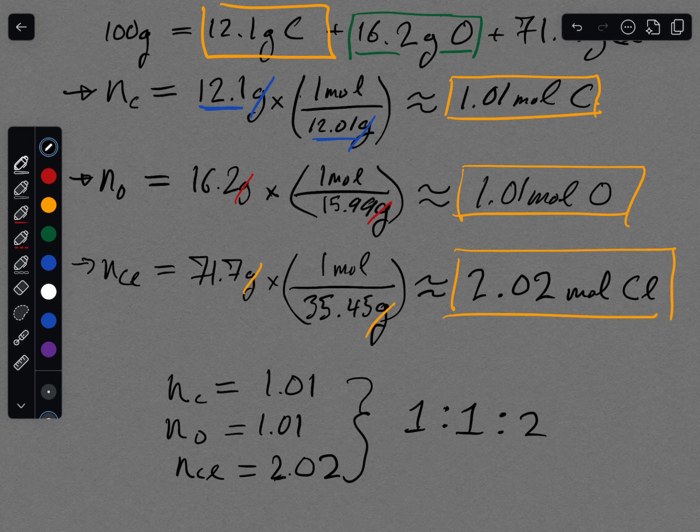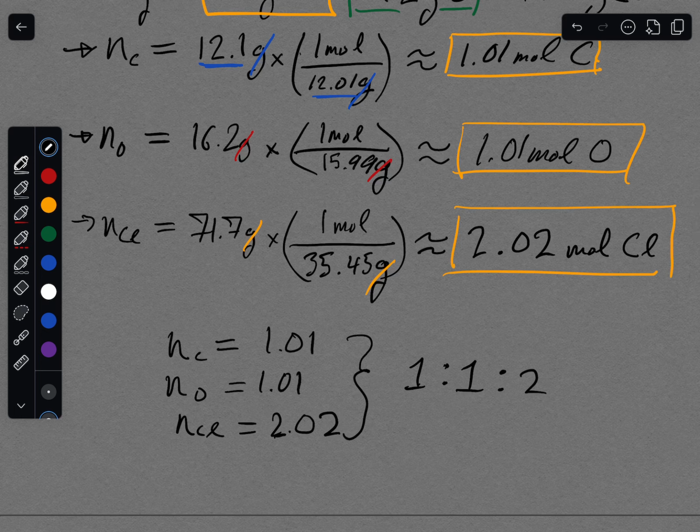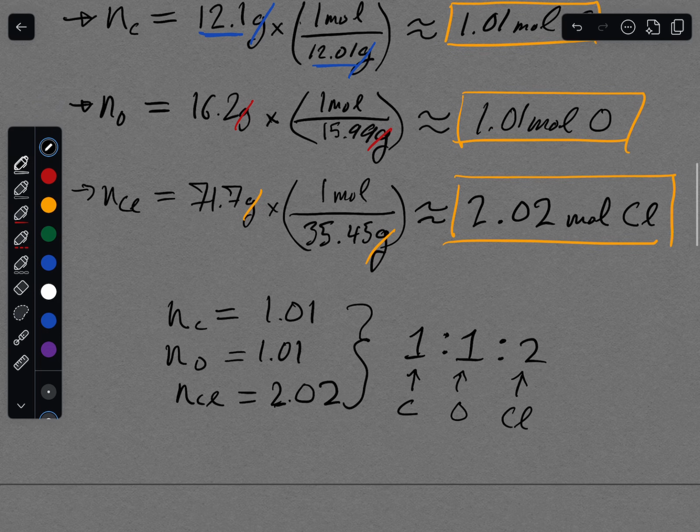Specifically, this would be 1 carbon to 1 oxygen to 2 chlorines. Okay, so note that there's a matching here that you have to do to figure out which of these goes with which number in the ratio. You've got to be careful.